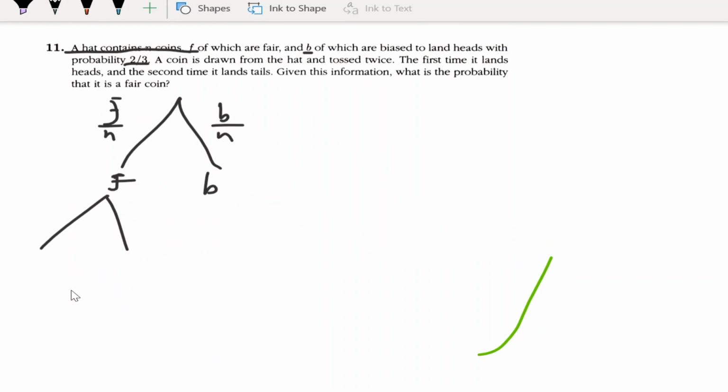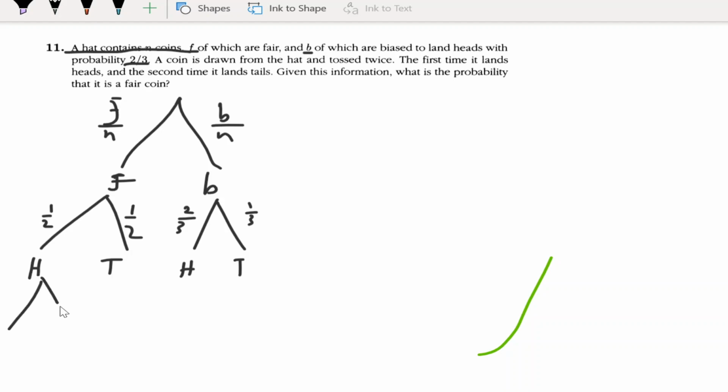Then we can say the probability it lands heads in the first flip, the probability it lands tails in the second flip. So for a fair coin, it'd be half, half. For a biased coin, it would be 2/3, 1/3.